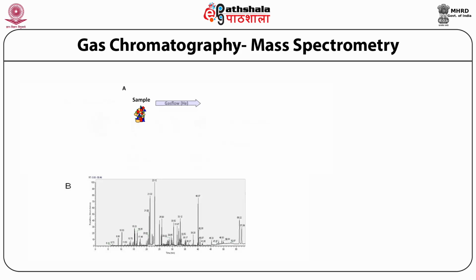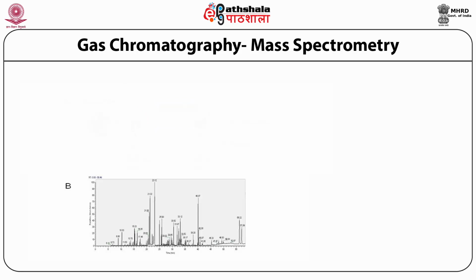The arrow on the top shows the direction of the flow of the inert gas, which is the mobile phase, and it's helium here. You see that these red analytes, since they have low affinity to the stationary phase, are carried by the inert gas faster, and so they will elute out of the column first and would be fed into the detector, which is a mass spectrometer in this case.